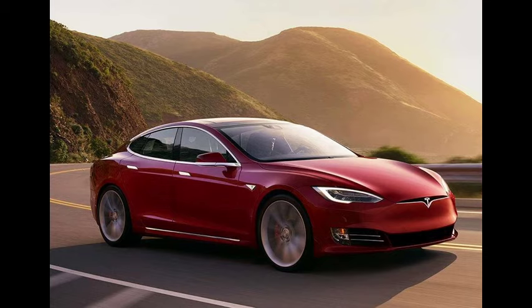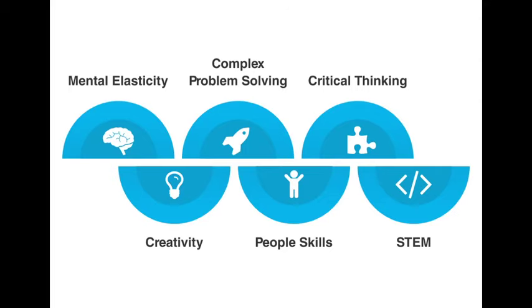Now the question arises: what is going to be our role in the fourth industrial revolution, and what are the skills? I showed this slide to you in the past, and I'm showing it to you again. In the fourth industrial revolution, our job as human beings is going to be these skills here. We need to have mental elasticity, creativity, problem solving skills, people skills, critical thinking, and STEM.